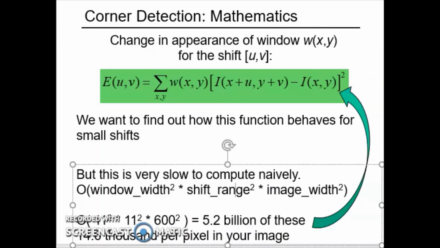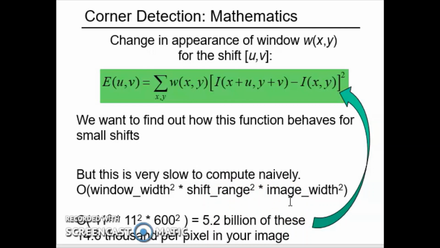Although this equation appears quite simple as far as the understanding is concerned, it's very important to see what the computational complexity is if we are trying to employ this equation. What is the order of complexity? Just to give you an idea, the order of complexity depends upon three important variables. One important variable is the width and height of the window, then the shift range, the u and v parameters, and then the resolution of the image.